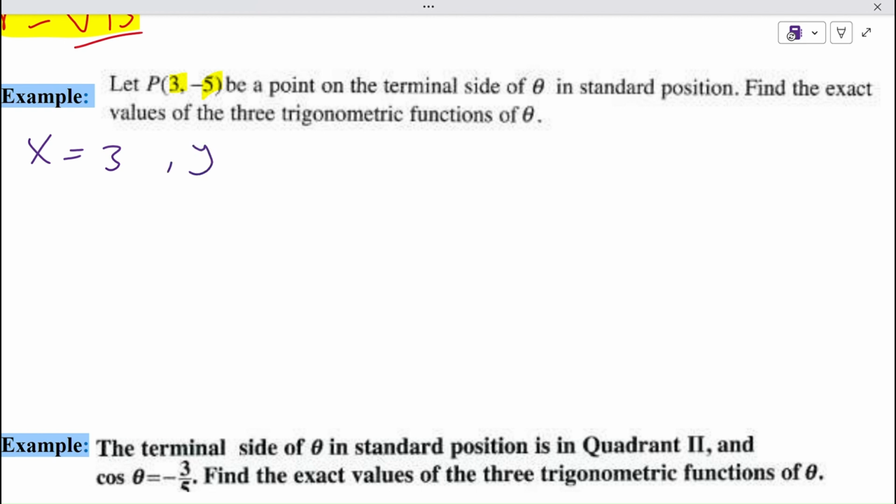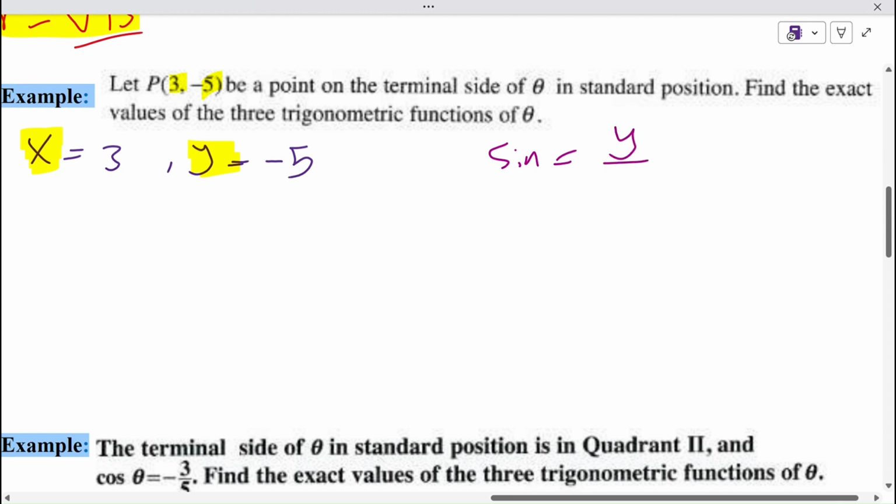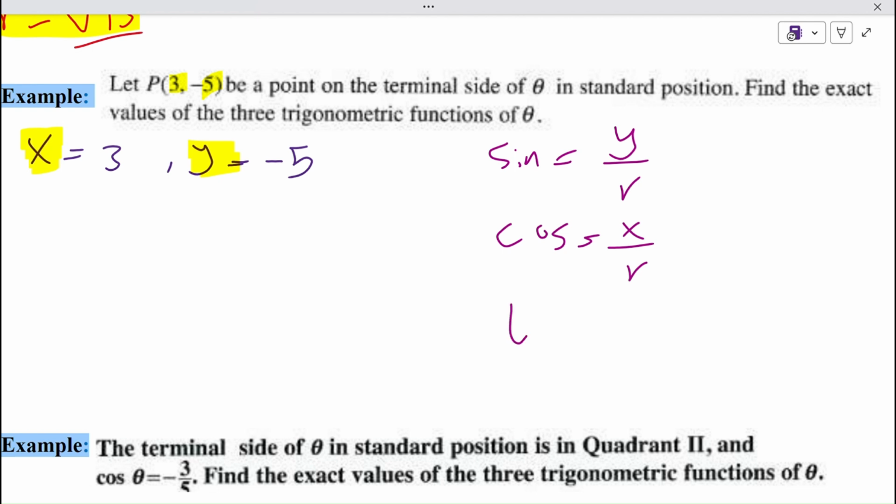This is y, this is x. Now, what about sine, cosine, and tangent? Sine is equal to y over r, cosine is equal to x over r, and tangent of theta is equal to y over x.